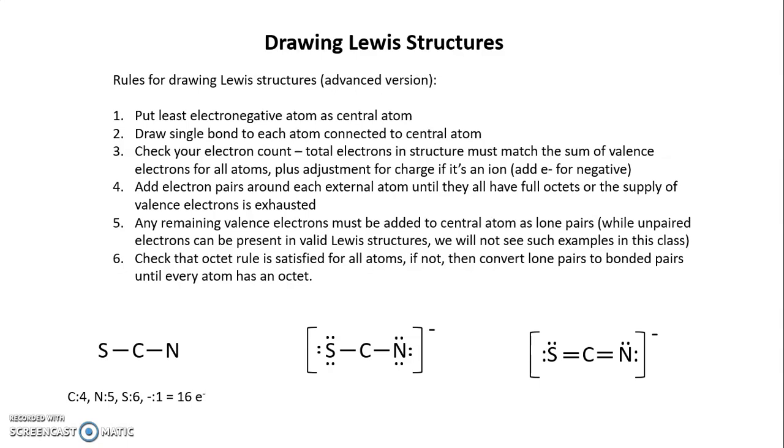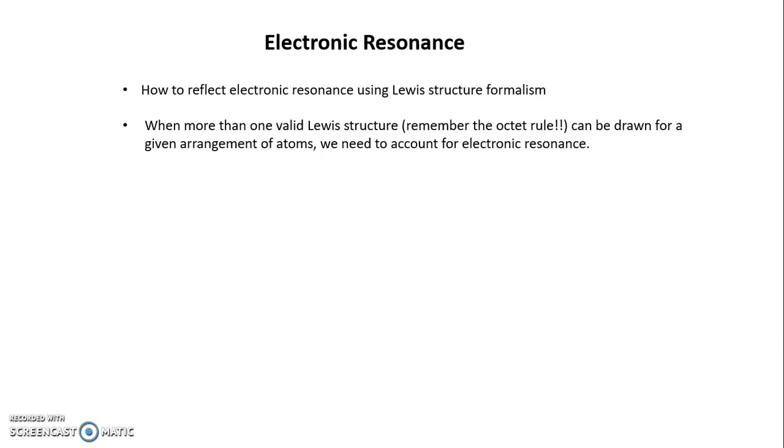Okay, so is that the only structure? In order to assess that, we have to draw resonance structures. So this is how you reflect electronic resonance using the Lewis structure formalism. When you are given more than one valid Lewis structure that can be drawn for a given arrangement of atoms, you need to account for electronic resonance.